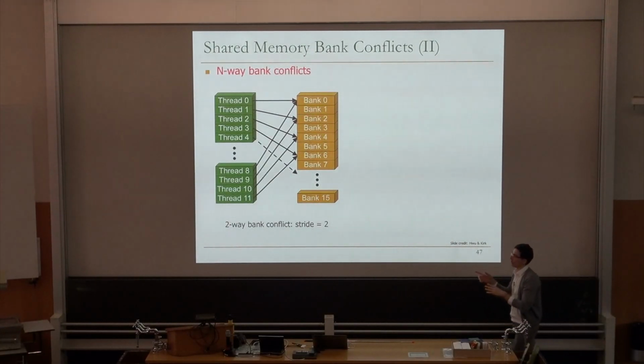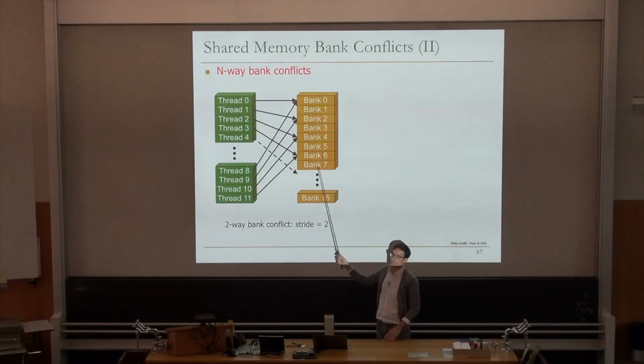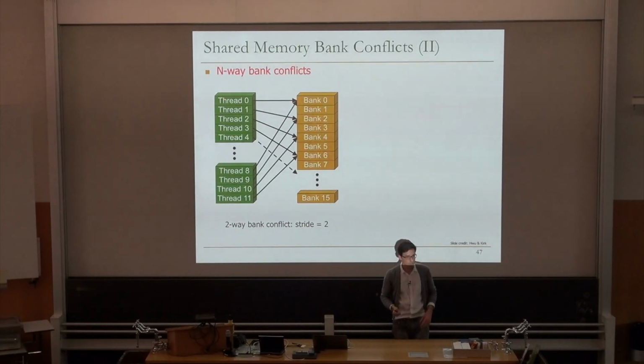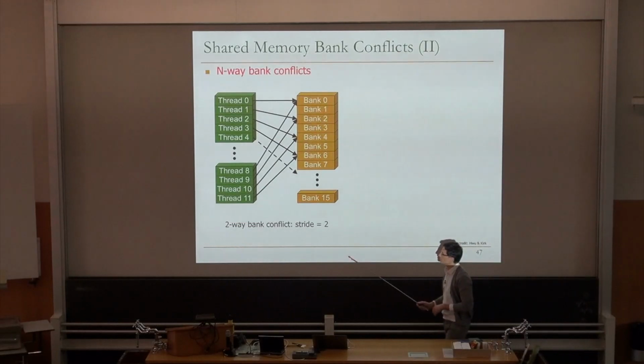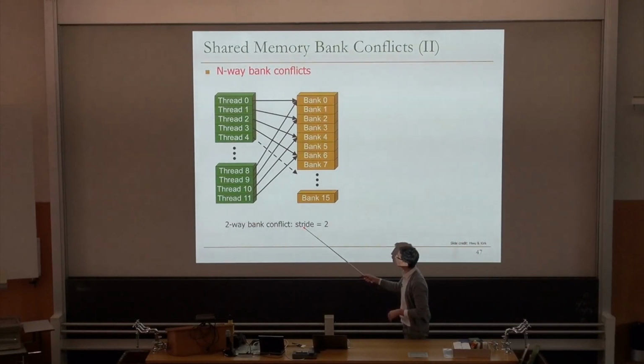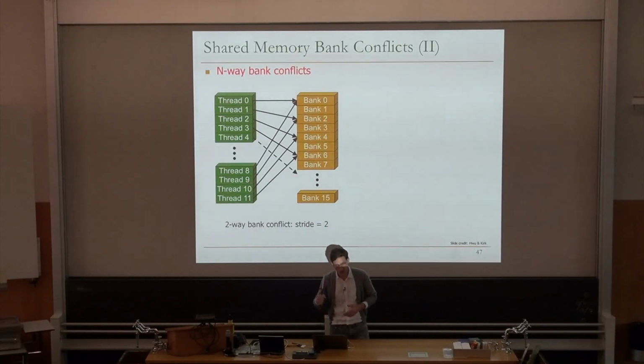This is really inefficient, or we really have a two-way bank conflict, when, in this case, thread 0 and thread 8 access different elements that are in the same bank. So in this case, a stride of 2 is producing this two-way bank conflict. Observe that here the strides are also going to be important.